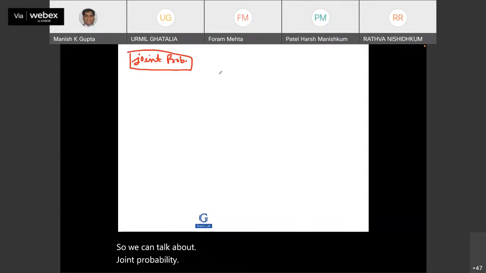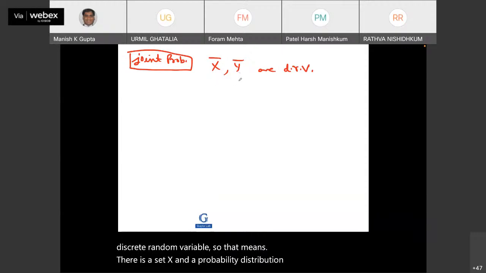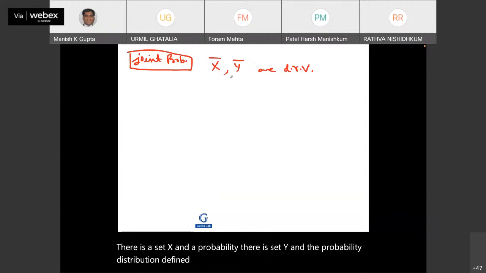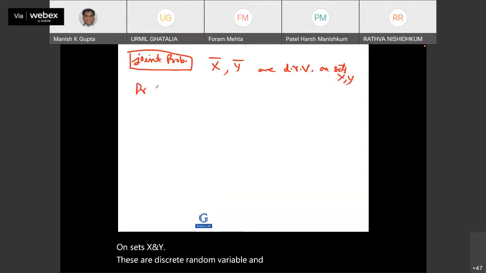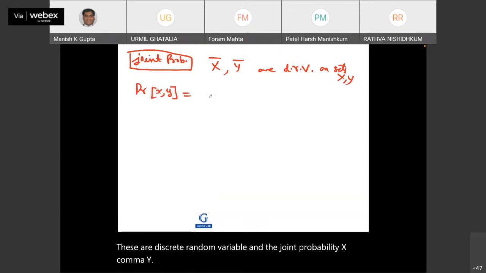Suppose X bar and Y bar are discrete random variables. That means there is a set X and a probability distribution, and there is a set Y and a probability distribution defined on Y. That is given to us on sets X and Y. These are discrete random variables. Then there is the joint probability of X comma Y.